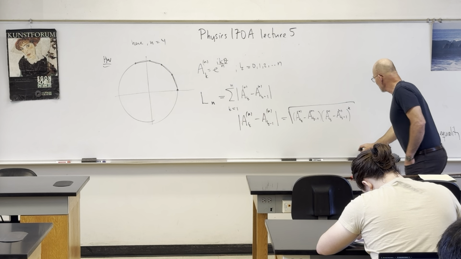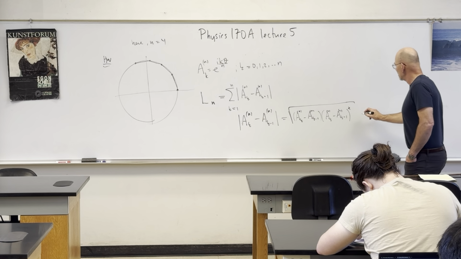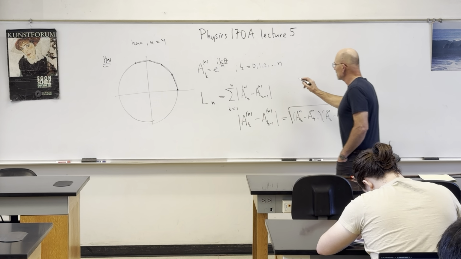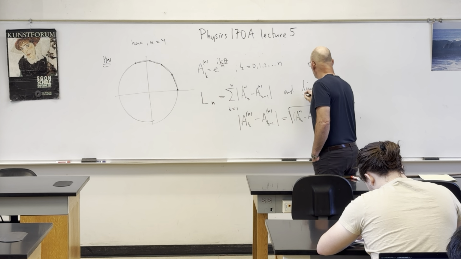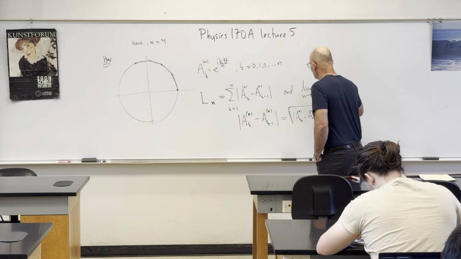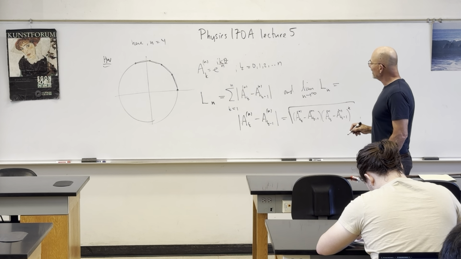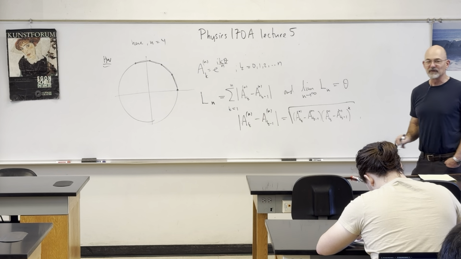So, taking the limit as n goes to infinity, this L_n is then just going to be θ, the arc length θ, because we're on the unit circle.